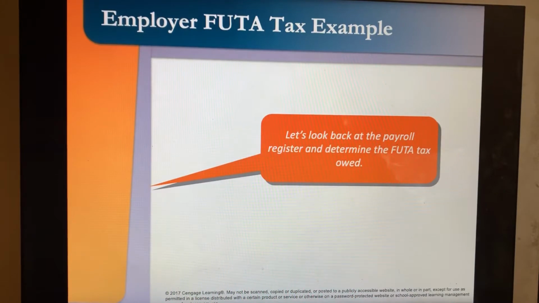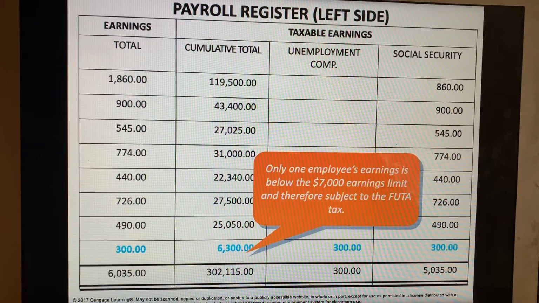So let's go back to the register to determine the FUTA tax. Total earnings is $300, cumulative total is $6,300, unemployment compensation is $300, Social Security is $300, so only one employee's earnings are below the $7,000 earning limit and therefore subject to the FUTA tax.